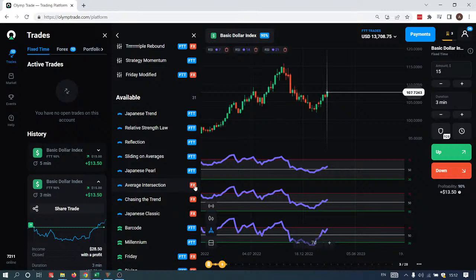Most indicators work perfectly fine with Forex mode and with FTT mode, but I just feel that some of them work better with RSI, with FTT, and some combinations work better with Forex.